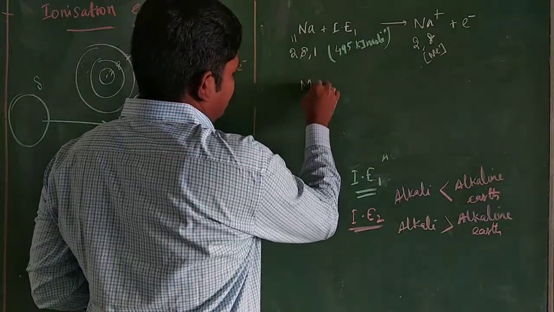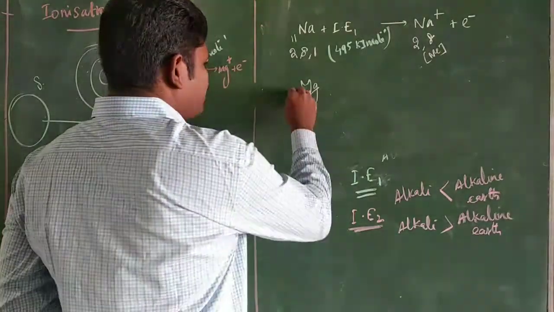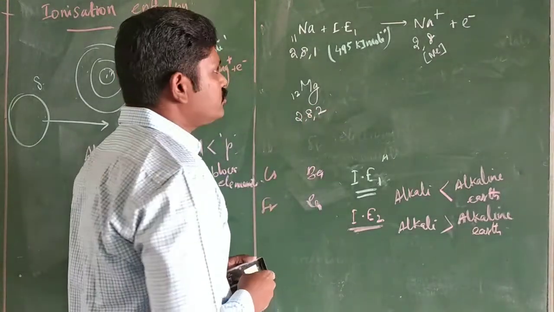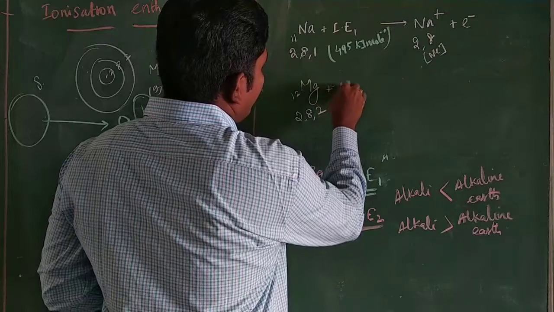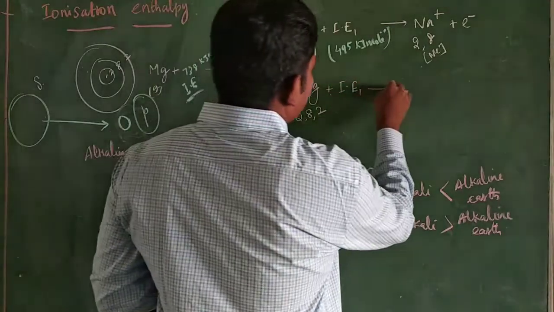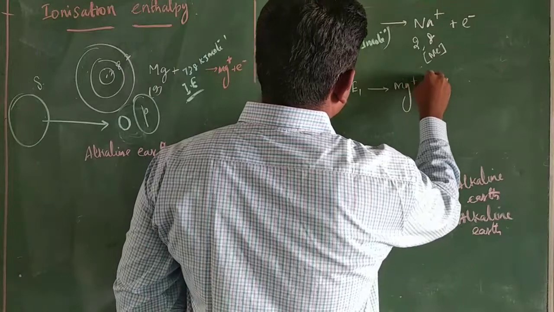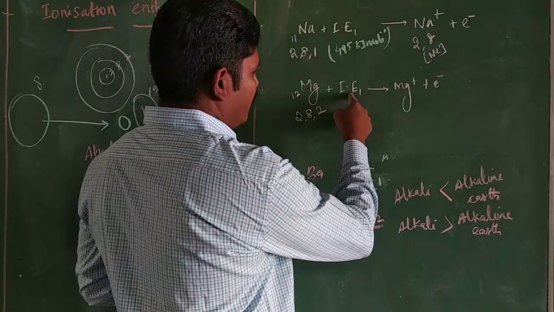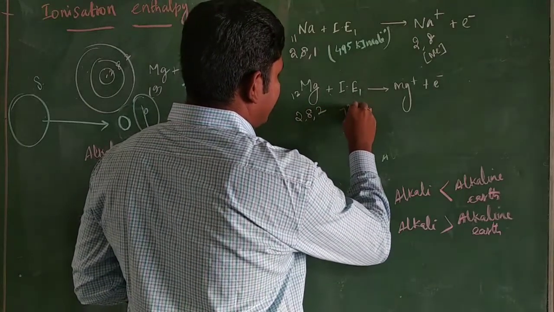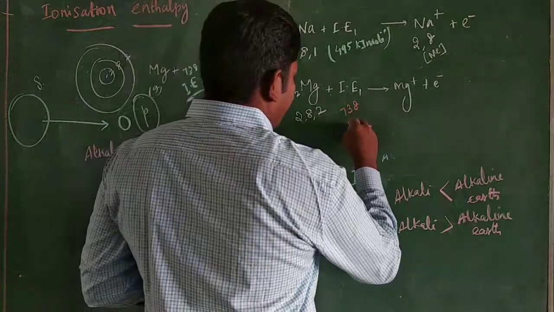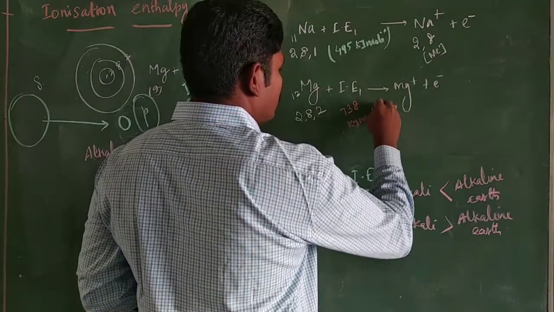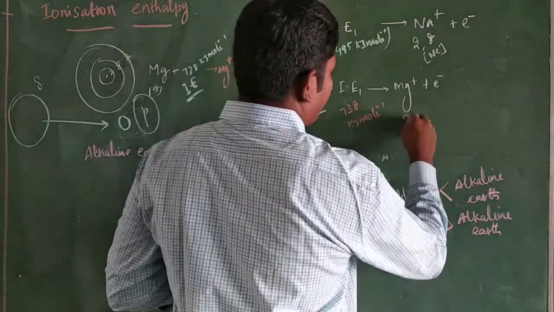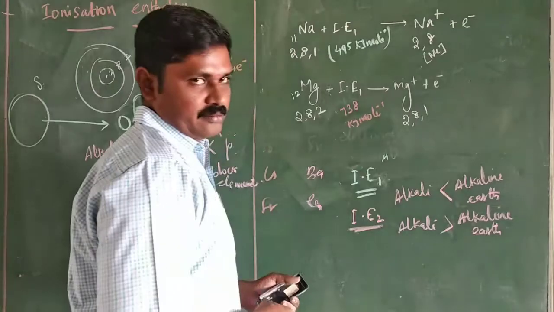But for the first ionization energy of magnesium, Mg 12, 2,8,2, loss of one electron gives Mg plus with electronic configuration 2,8,1.